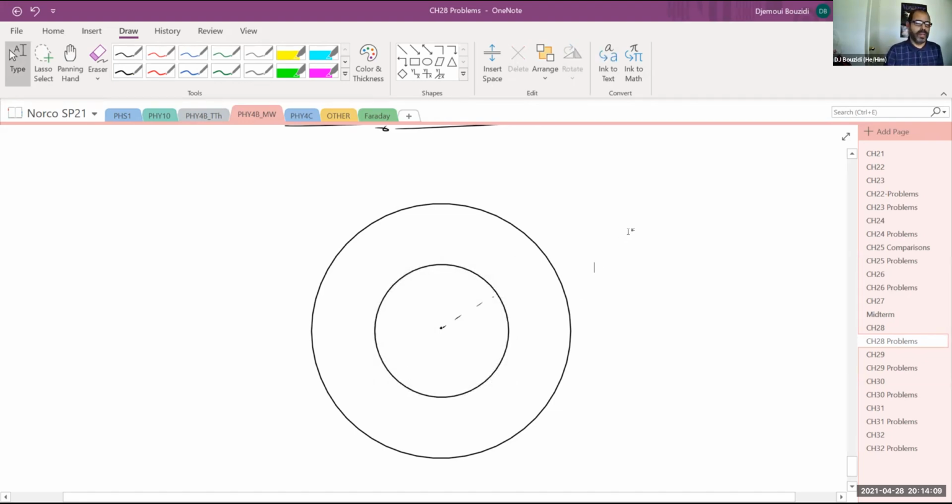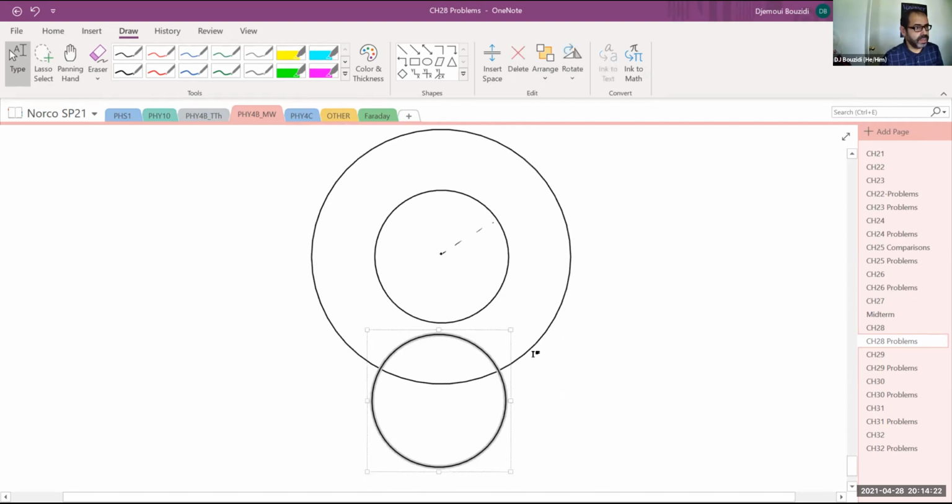I'm sorry, we're trying to find the current at this point, so it doesn't matter. I wanted this surface in here, so I'll copy and paste it and make it slightly bigger.